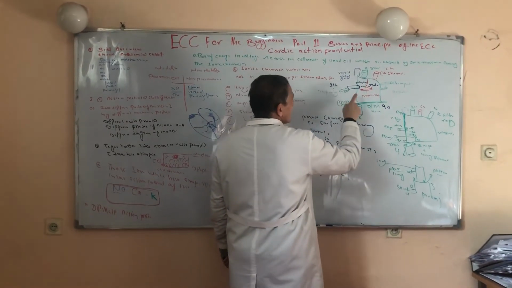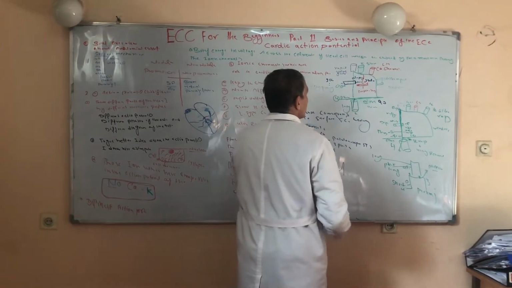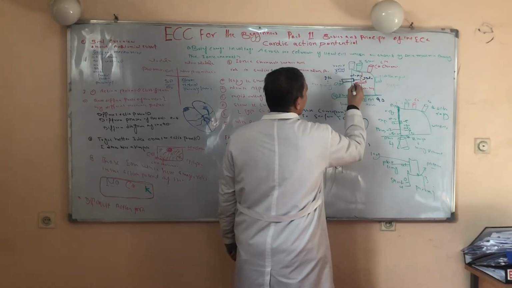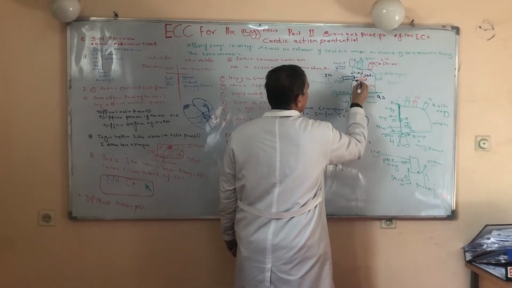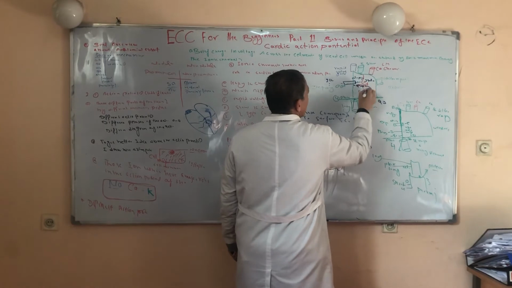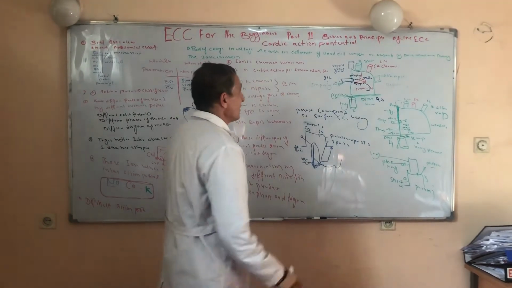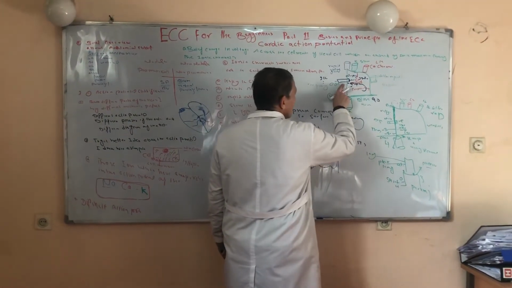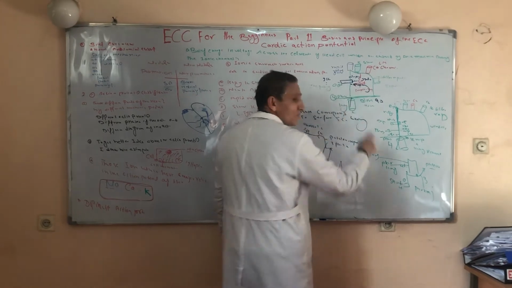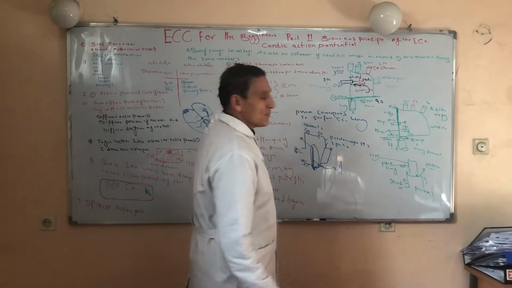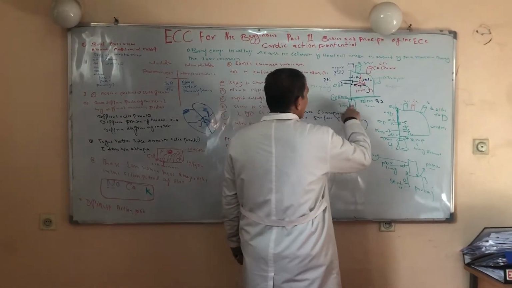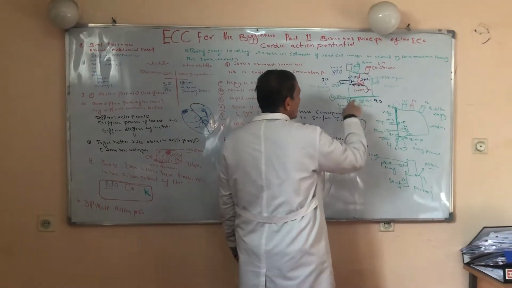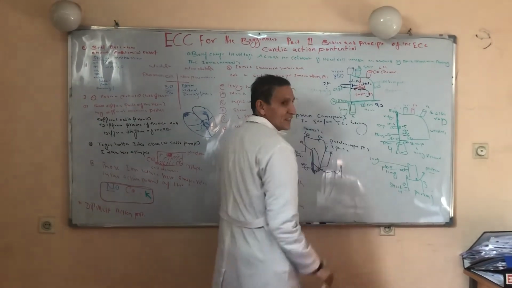And the second thing produced by this sodium potassium ATPase, a minus 5 millivolts. This minus 5 millivolts leads to opening of the leaky potassium channel.